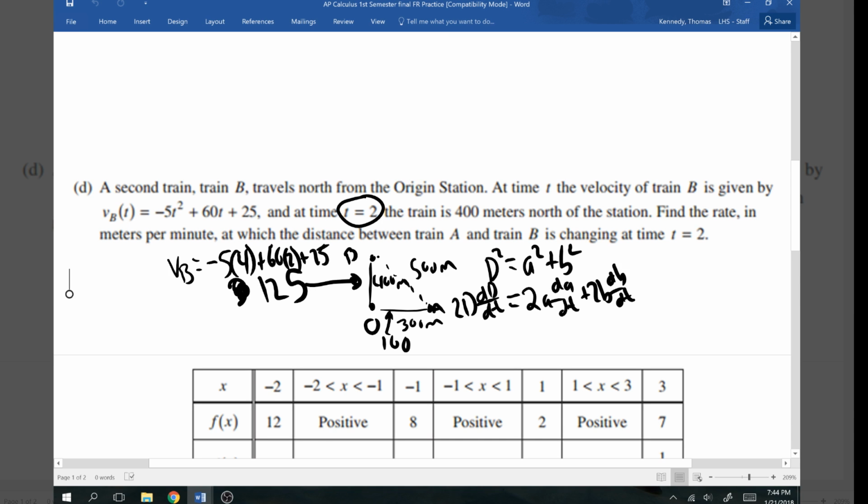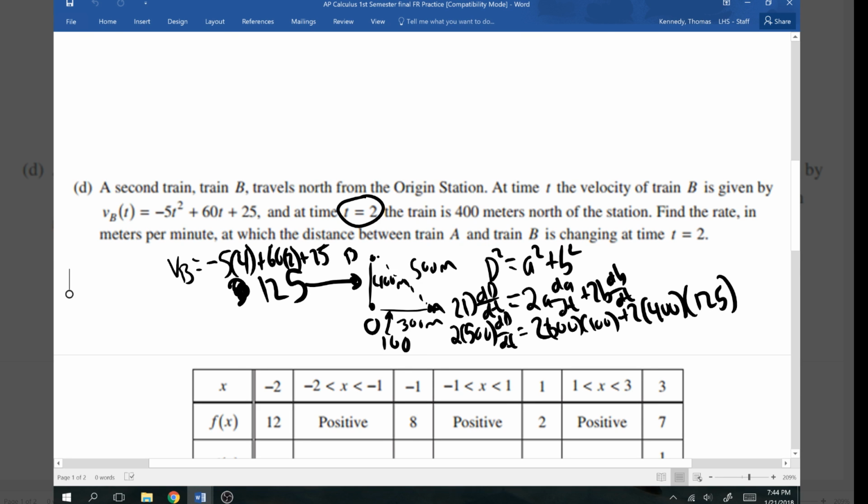And then we just plug in all the crap we know. We know a ton of stuff. 2 times 500 times the dD/dt equals 2 times a is 300, dA/dt is 100, plus 2 times b is 400, dB/dt is 125.